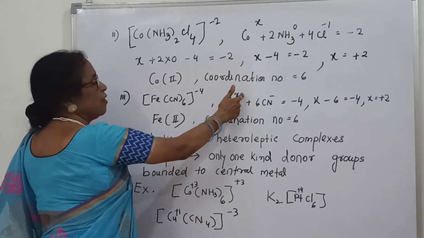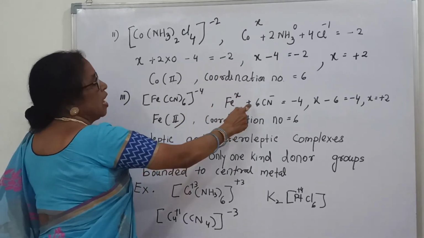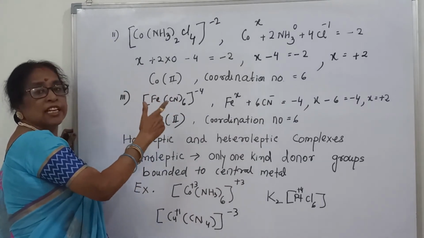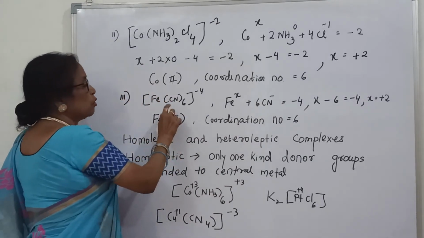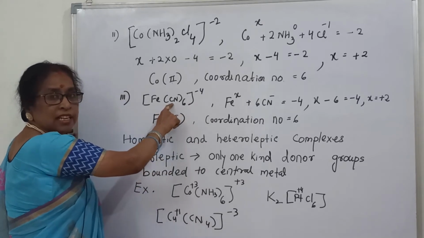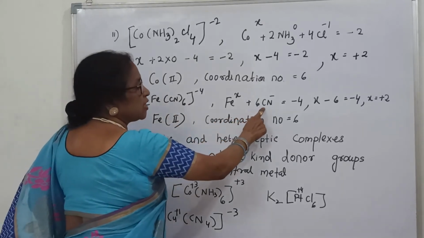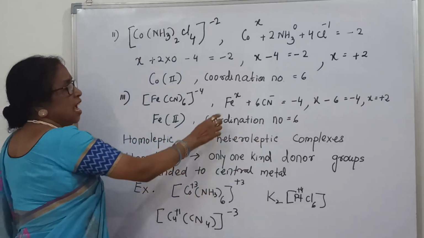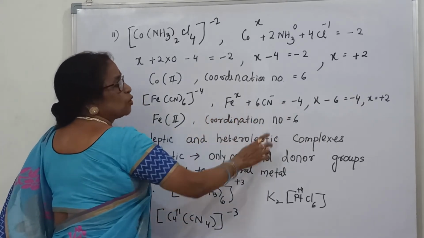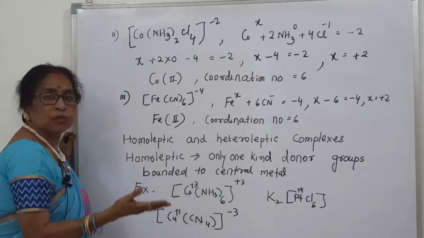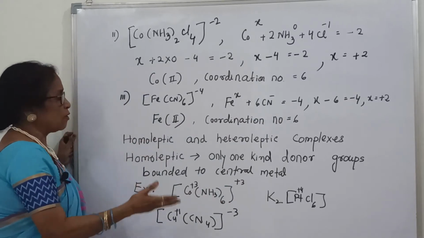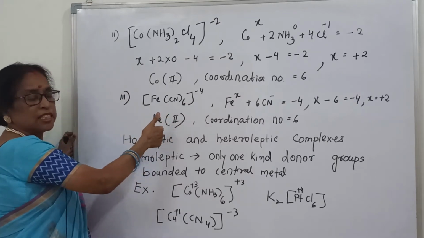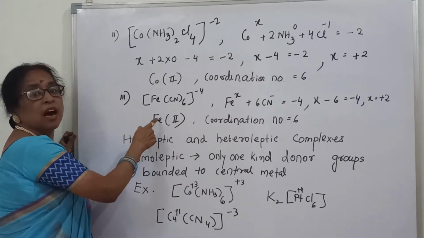That is why the iron has charge X. 6 CN, CN is a unidentate ligand, but it has minus 1 charge. So how many ligands? CN ligand 6, so minus 6, equal to minus 4. Again see, X minus 6 equals minus 4. Then X equals plus 2. And how can you represent it? By Roman numeral in parenthesis in front of the iron.